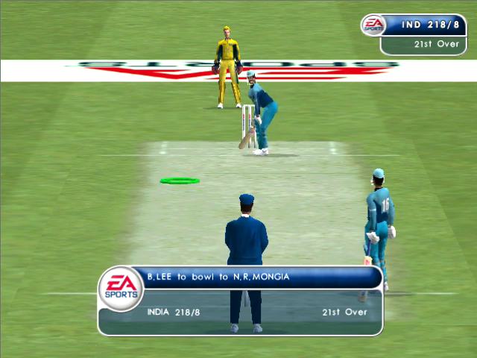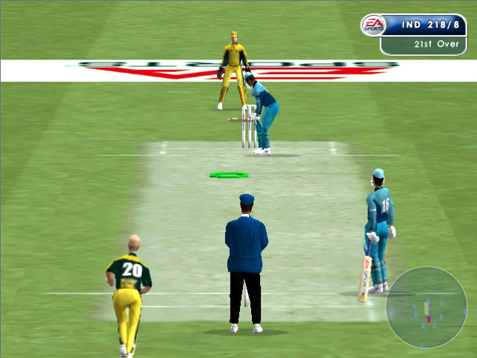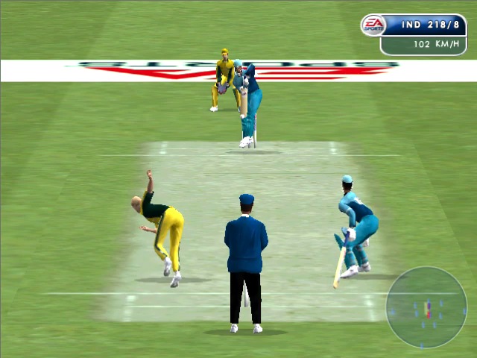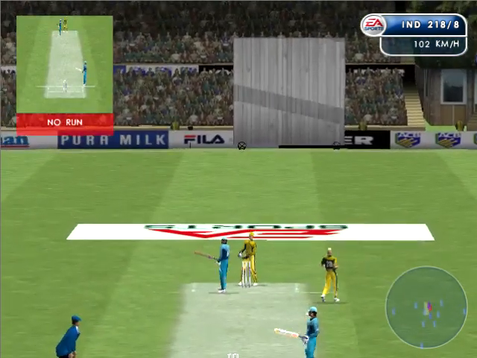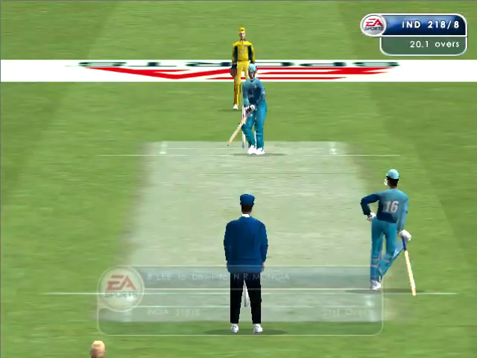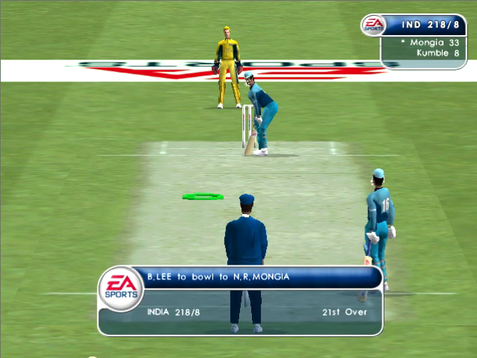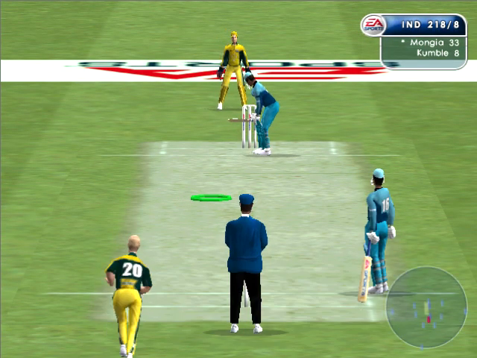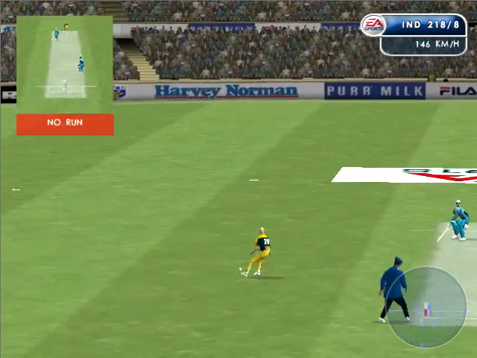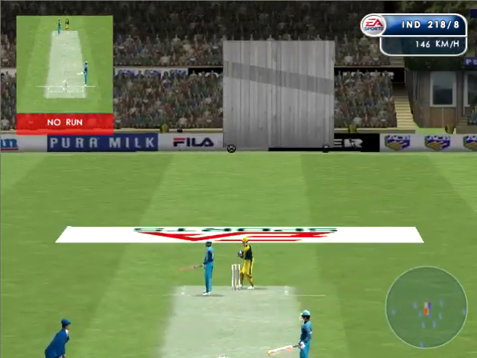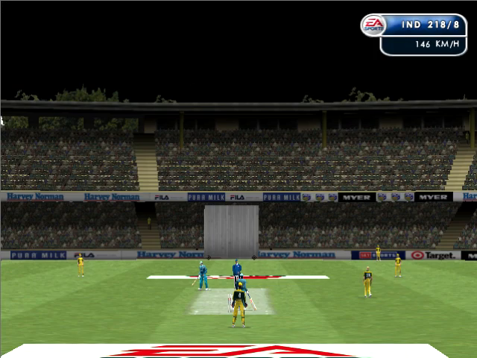That's the end of the 20th over. Lee to begin a new over. The required run rate is around 3.5 an over. Lee to bowl to Mongia. Stopped by Lee.